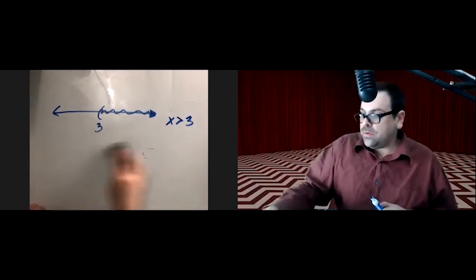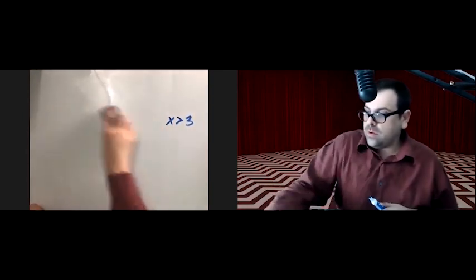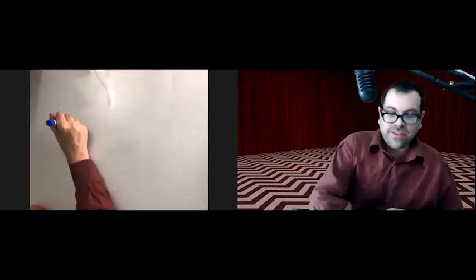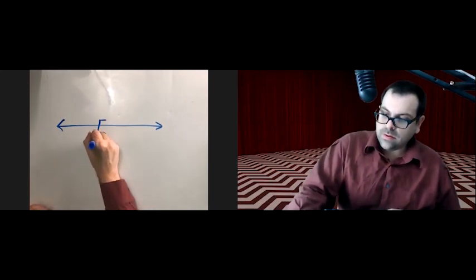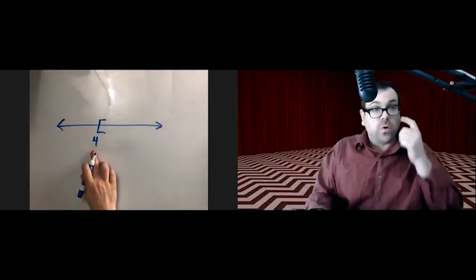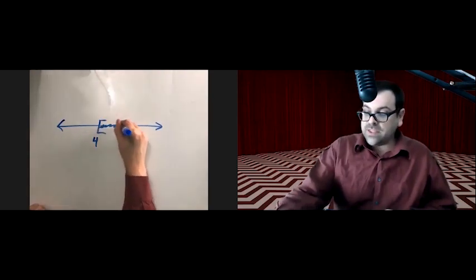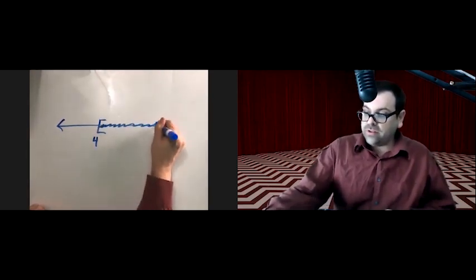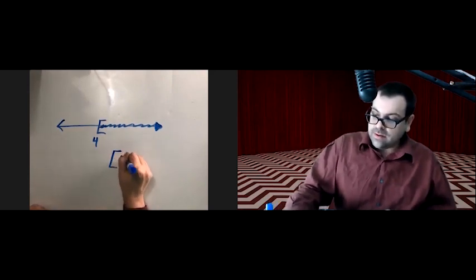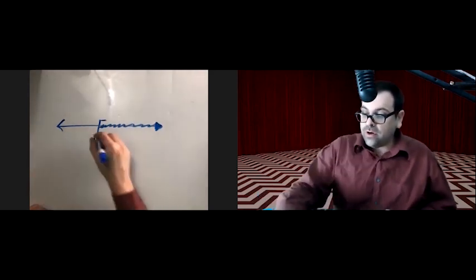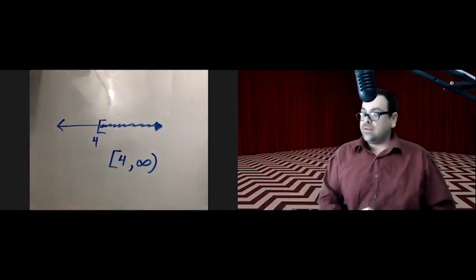So if this was a 4 and it had a square bracket and it goes this way on and on forever, the square bracket goes with the 4, but the infinity is always a parenthesis.